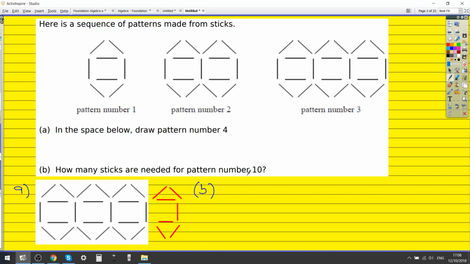Okay, so let me do the table again. So n and sticks, so when n is 1, 2, 3, 4, and then dot dot dot 10. So that one, 3, is 22. I think a quick way of doing this would be how many extra sticks did we have to add on? What do you mean, for A?